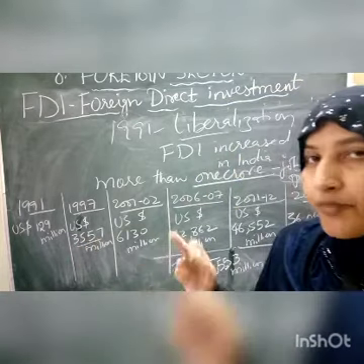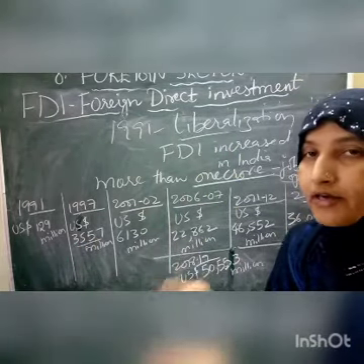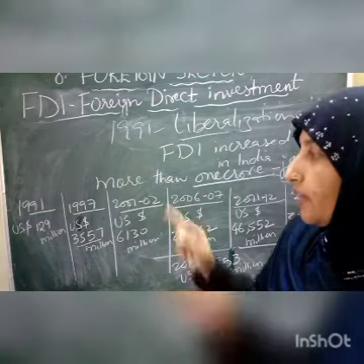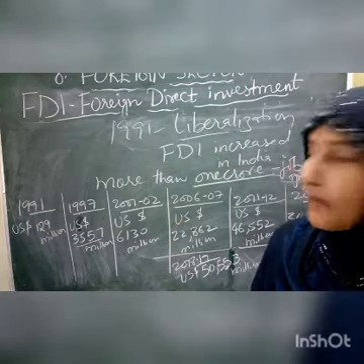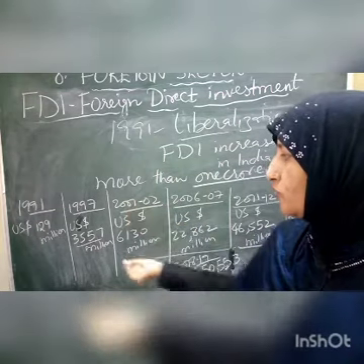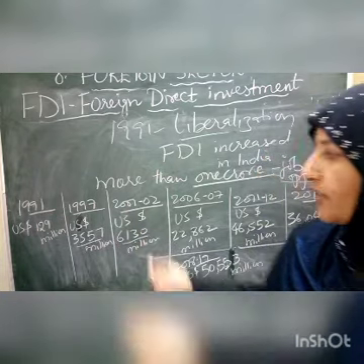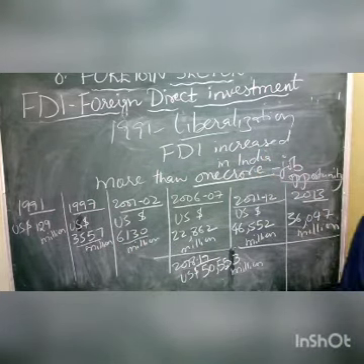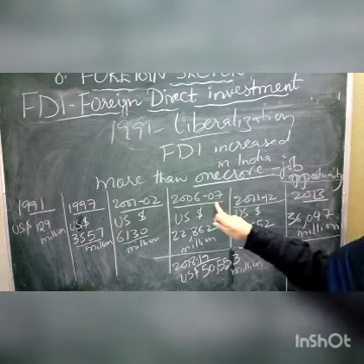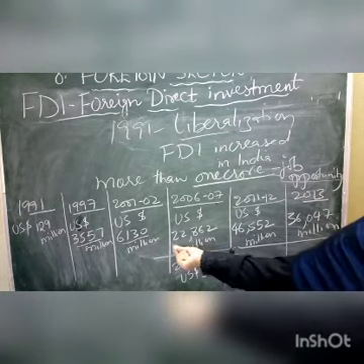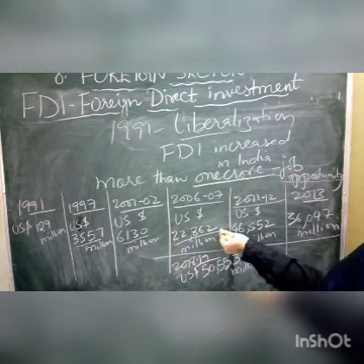From 129 millions to 3,557 millions, just in the period of 6 years. Then in the year 2001-02, it increased to 6,130 millions. In 2006-07, the FDI increased in our country to 22,862 millions.